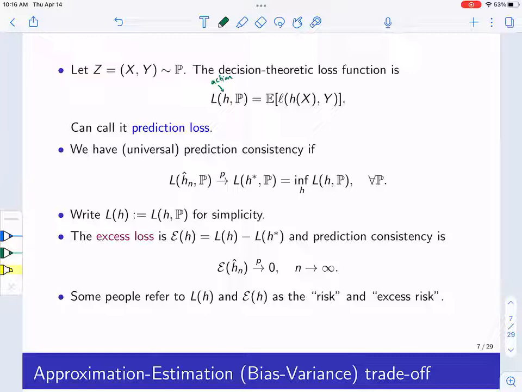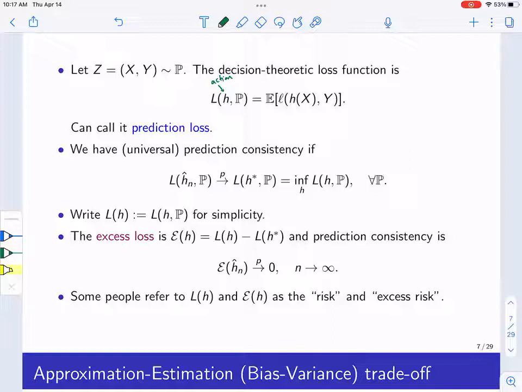Usually you put the parameter first and the action second, but it's fine in this case. So this is the loss from a decision theoretic perspective. There's also a risk, which is the expectation of this. But let's forget about this for now.